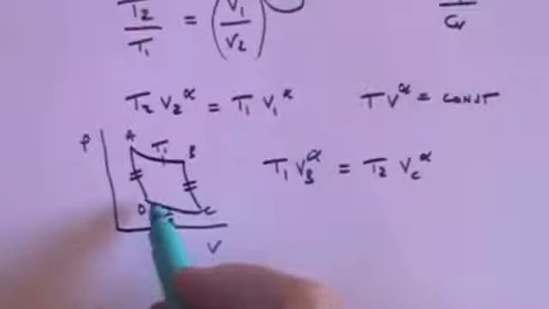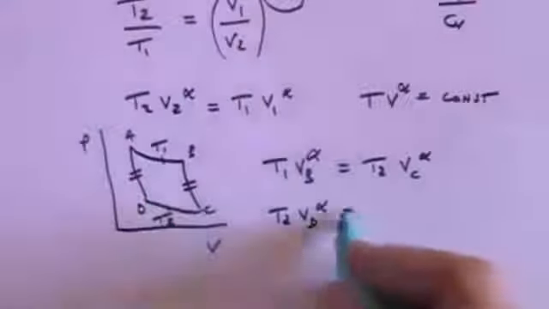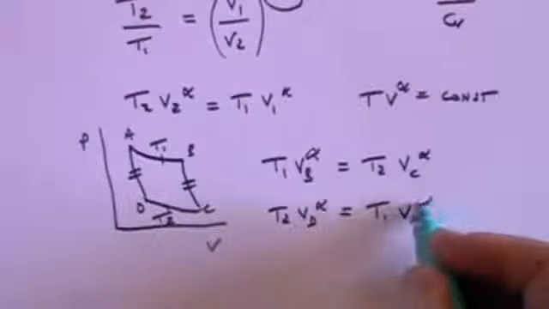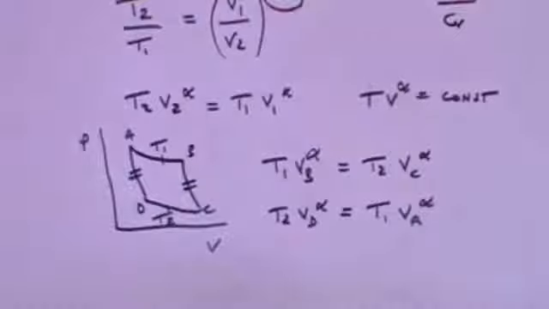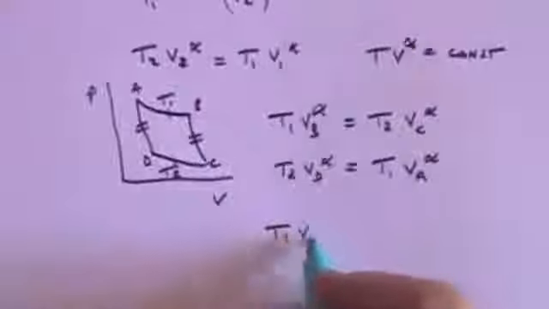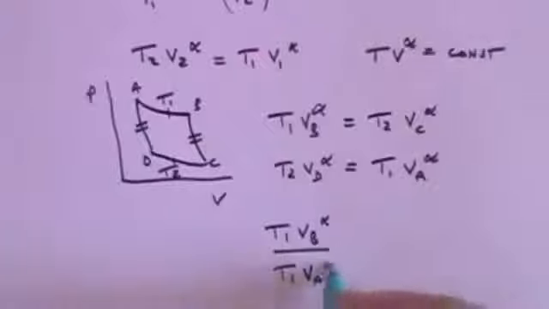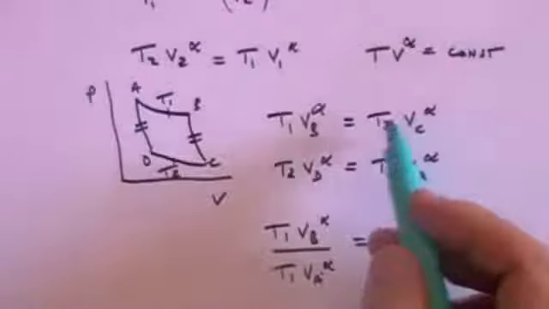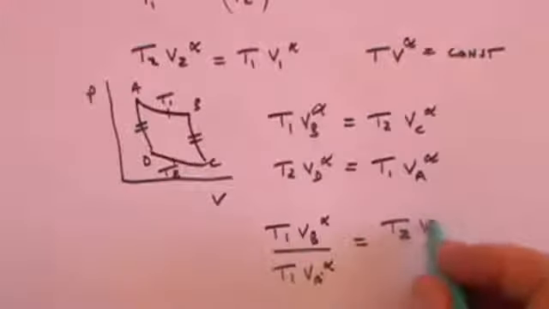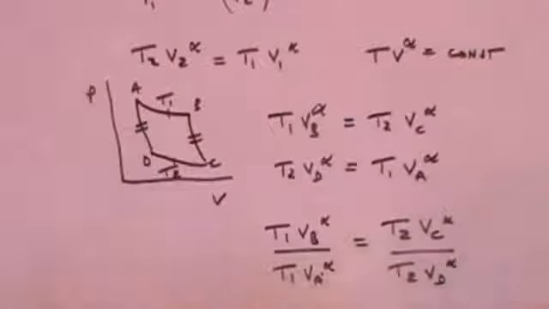You can also say that T2 times the volume at D to the alpha is equal to T1 times the volume at A to the alpha. Now, if you divide the two T1 terms, you get T1 VB to the alpha over T1 VA to the alpha is equal to, divide the two T2 terms, T2 VC to the alpha divided by T2 VD to the alpha.